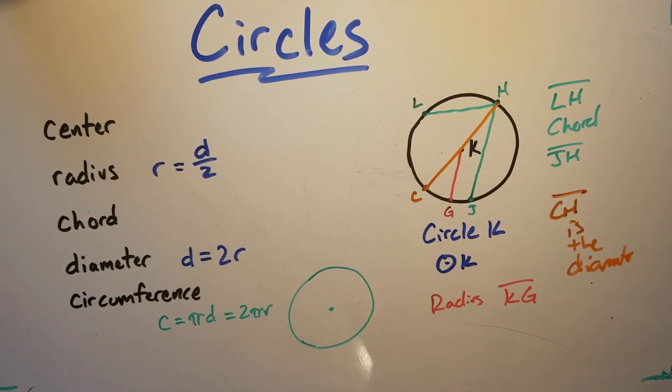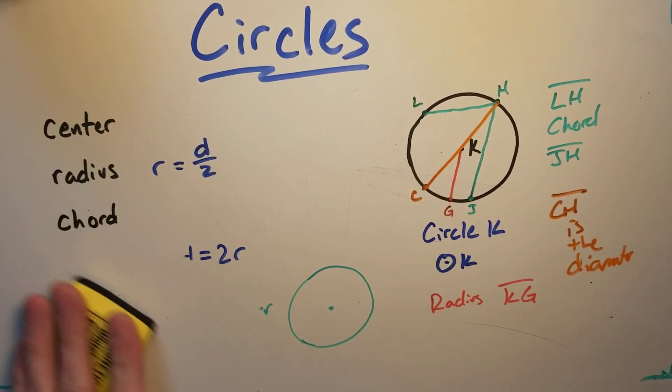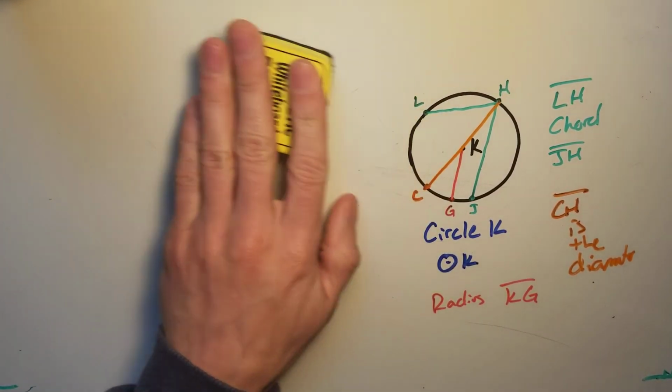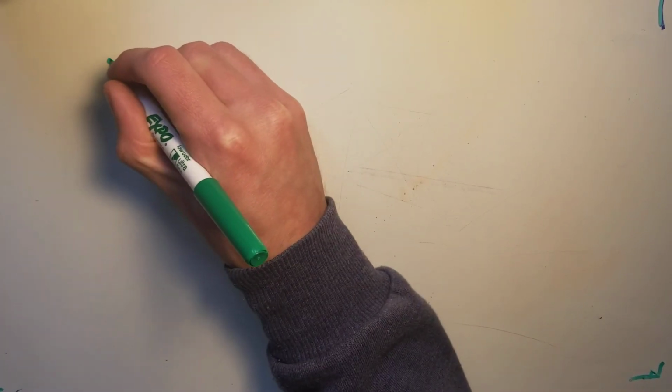Alright, so these are the very basics of a circle. We're going to work into maybe something we haven't seen yet. And we're going to talk about different circle pairs here. So if you're following along in the book, I'm moving on to page 698 right now. So with circles, let's say we have two circles.